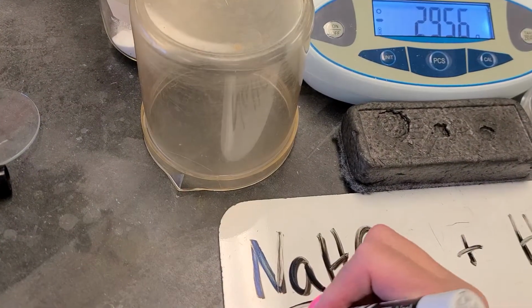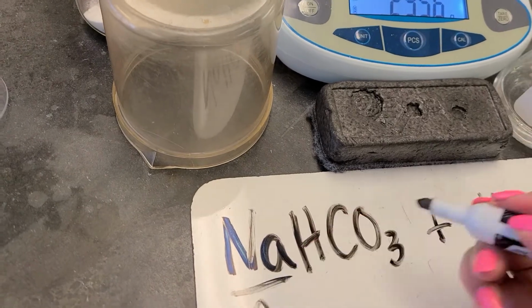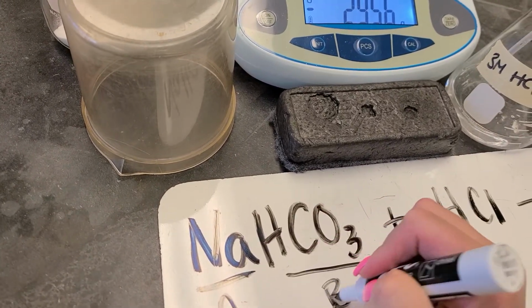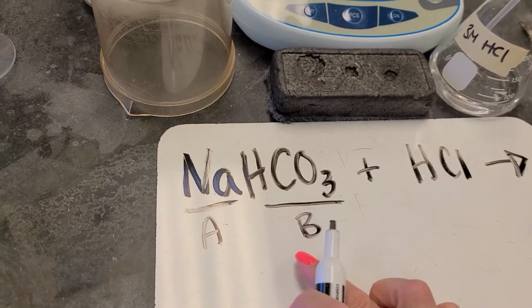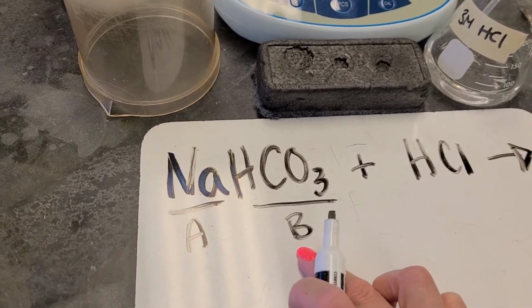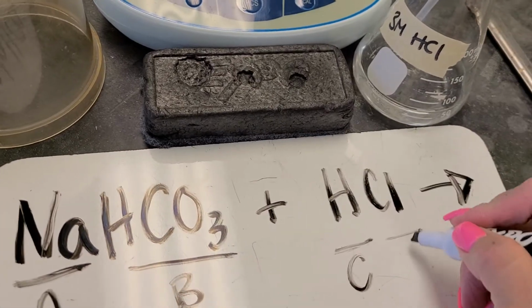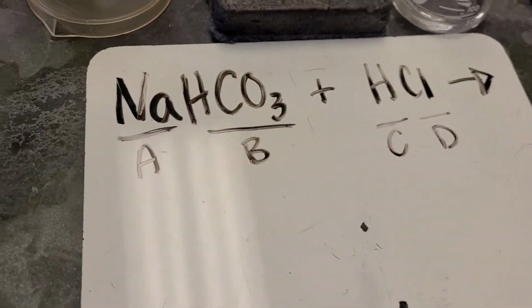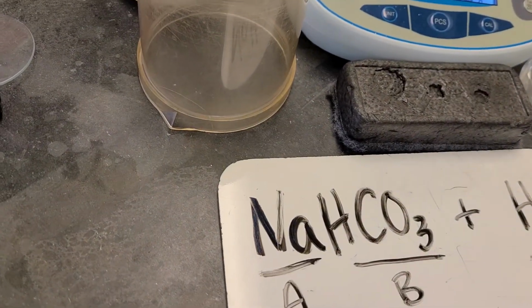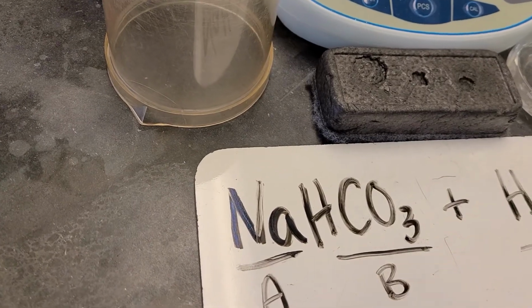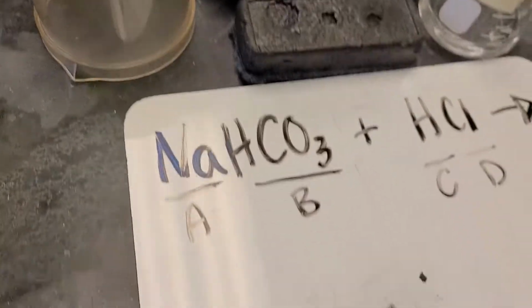So what you have is A, sodium, B, the bicarbonate. So sodium bicarbonate is the chemical name for baking soda. C is the hydrogen, and D is the chlorine. So what we want is A with D and C with B.